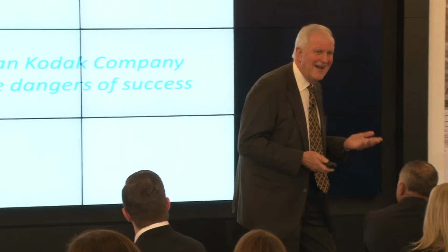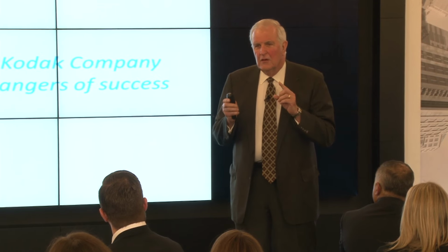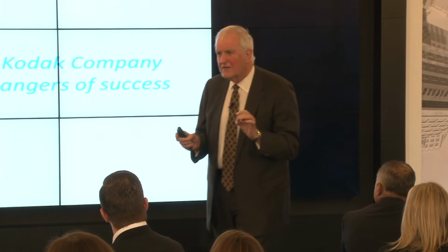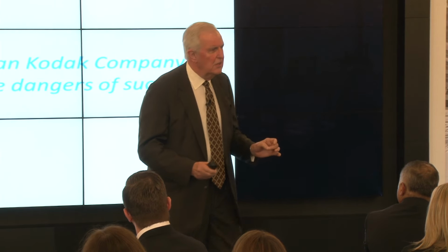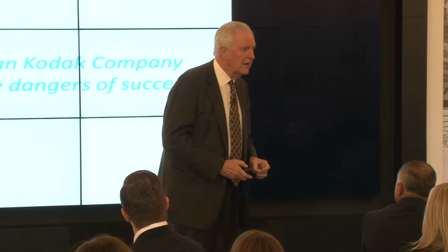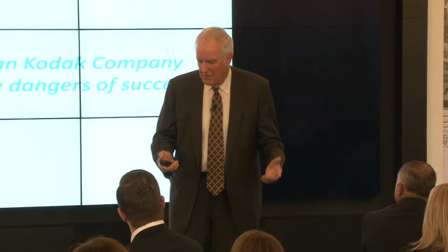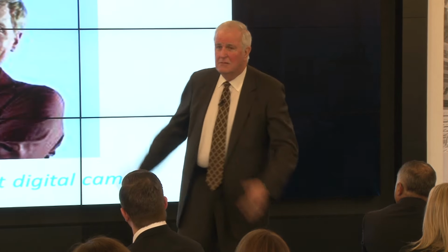But of course, that's not the end of the story, because the extraordinary thing in this story was that the very technology that ultimately put Kodak out of business was invented by who? Kodak.